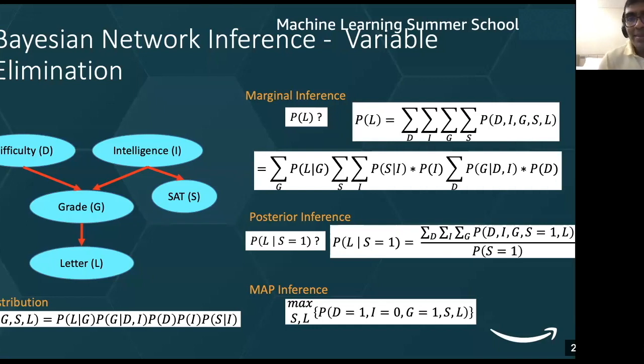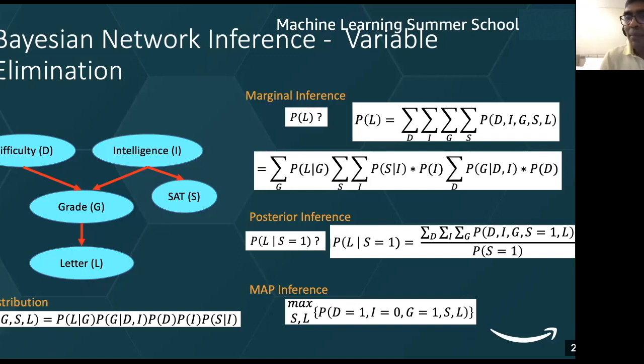The way we would estimate this marginal distribution is through a process called marginalization, wherein you take the joint distribution and integrate out all the variables that you're not interested in. So for example, to find the probability of L, you would take the joint distribution and integrate out the difficulty, intelligence, grade, and SAT scores. Right.